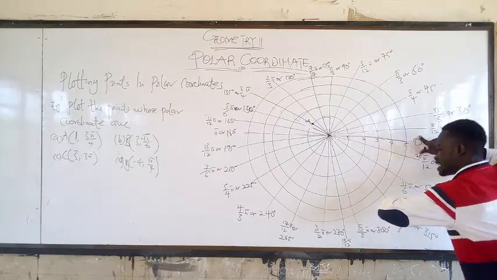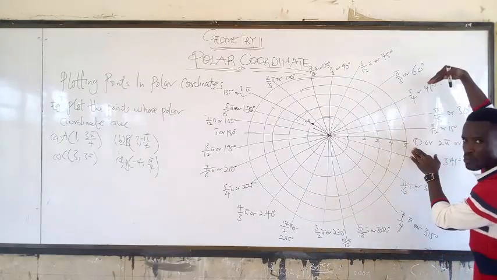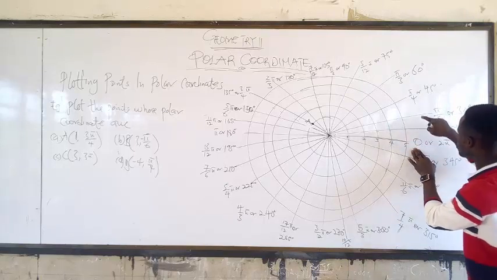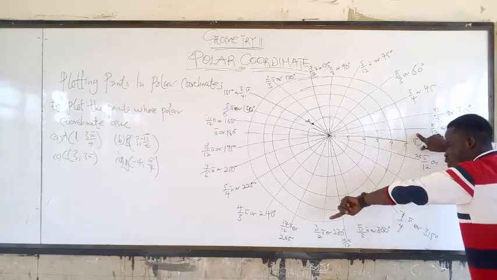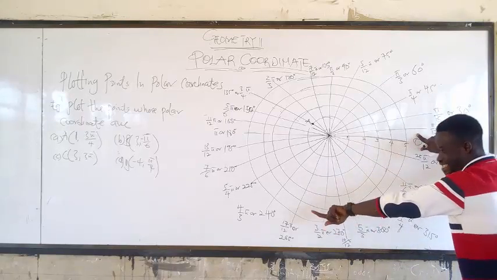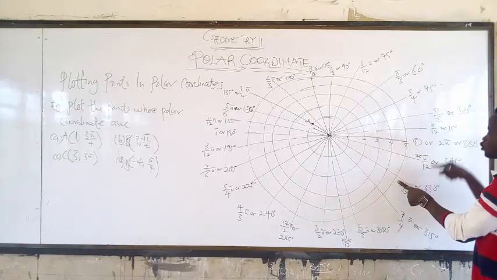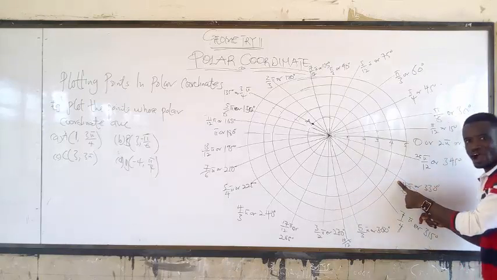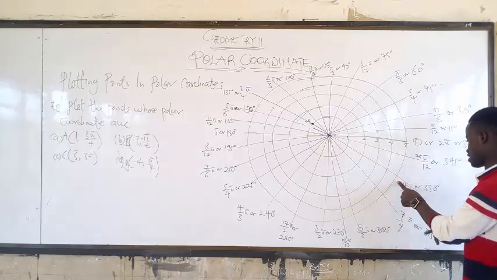If you are counting upward, you move 1, 2 steps before you get to pi over 6. If you are at 0 and you are counting down, that is clockwise, you count 1, 2. So we are going to assume this here to be our negative pi over 6.